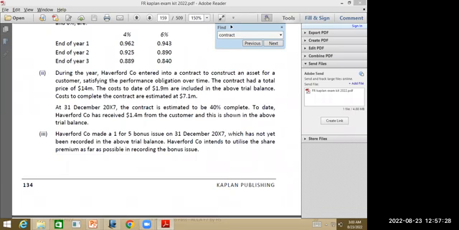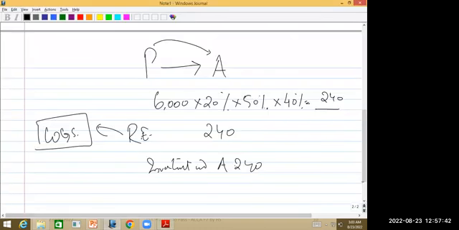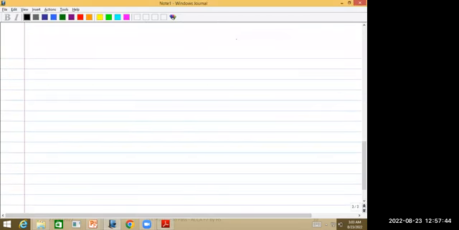Yes, is it done? So the total price of the contract is 14 million and the contract is 40% completed. So 14 million into 40% will be my revenue. In the income statement, we need to charge revenue 14 million into 40%, 5.6.